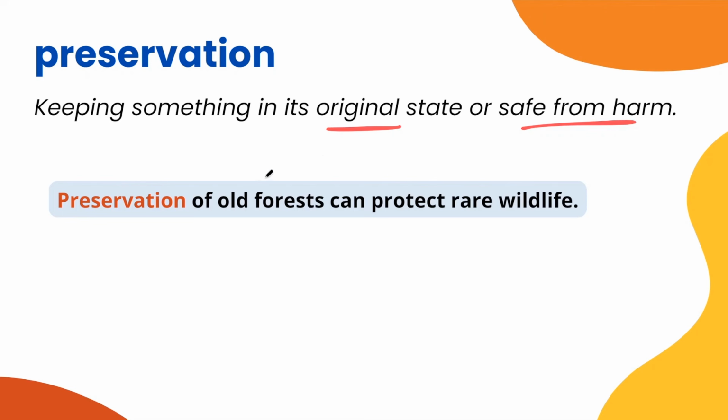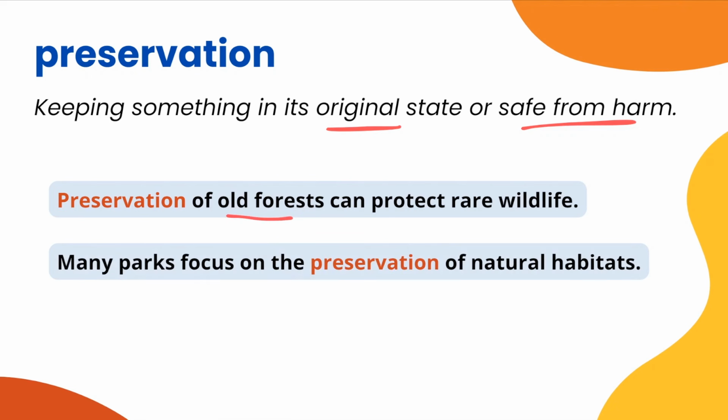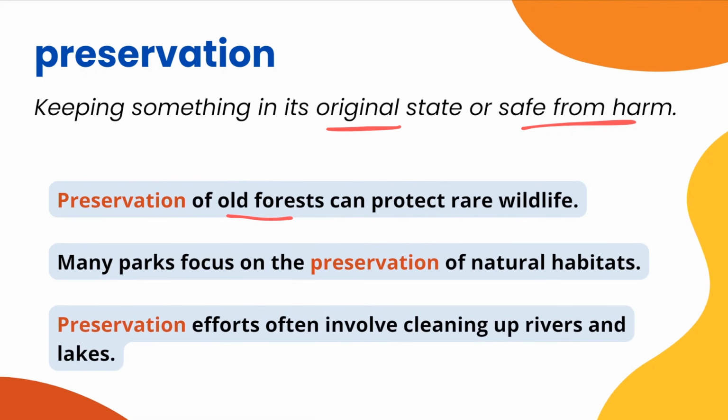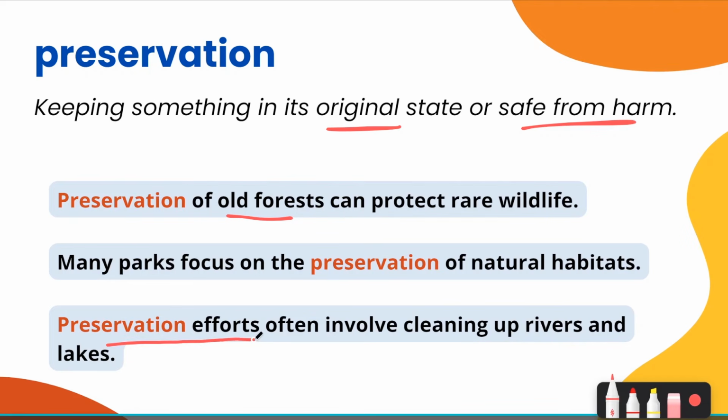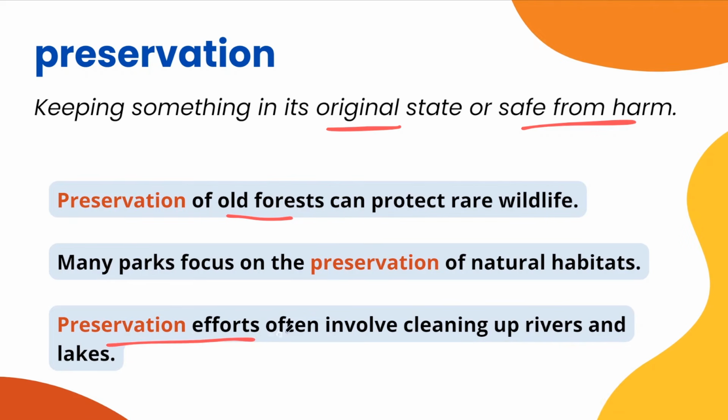So they're keeping the old forests in their original state. Many parks focus on the preservation of natural habitats. Preservation efforts often involve cleaning up rivers and lakes. So preservation efforts, you can also have preservation projects or the preservation of something.